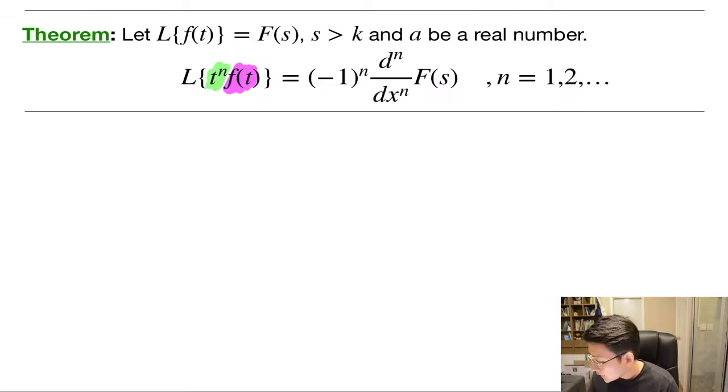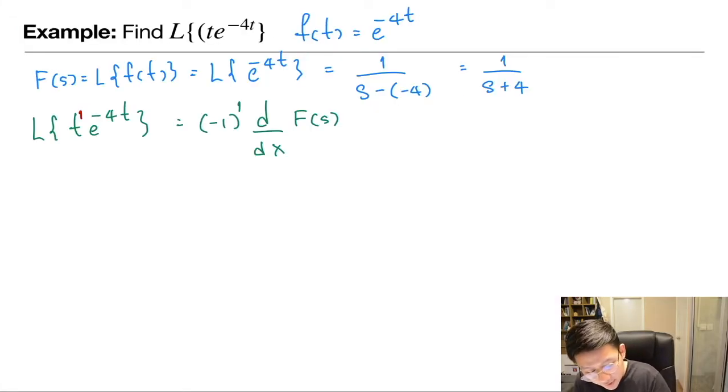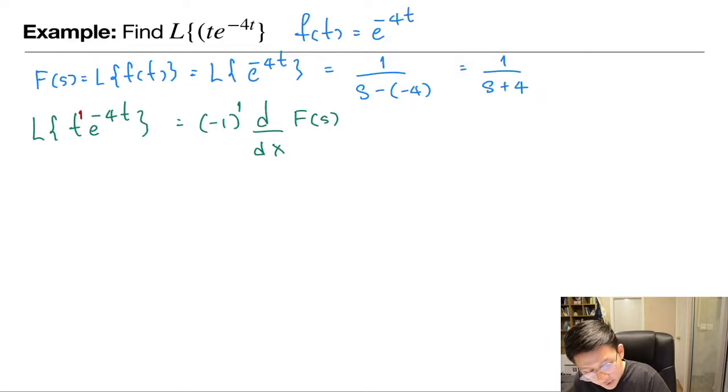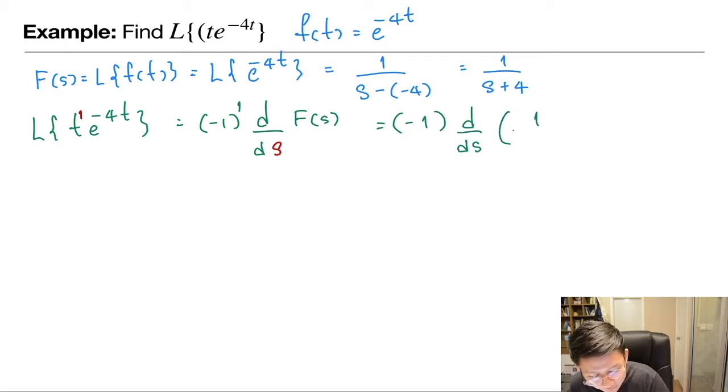Okay, guys, there's a typo here. Sorry. You need to change here from dx to ds, because F is a function of s. So if you want to differentiate the big F, you need to differentiate with respect to s. Sorry, my bad. So here it is d by ds, and that is going to be minus 1 d by ds of 1 over s plus 4.